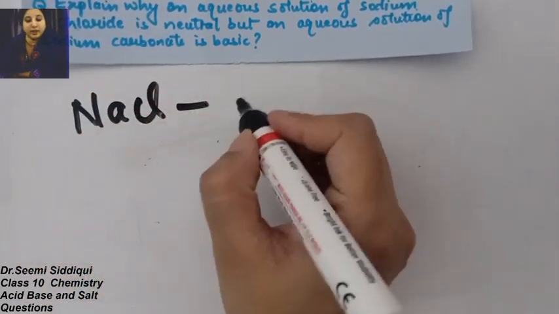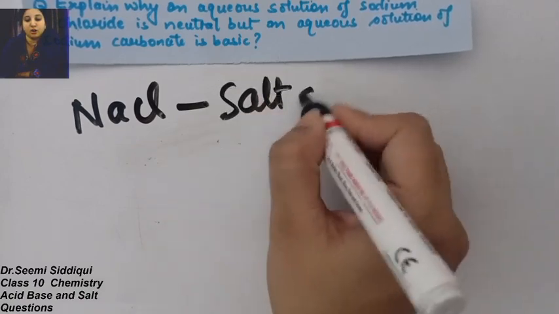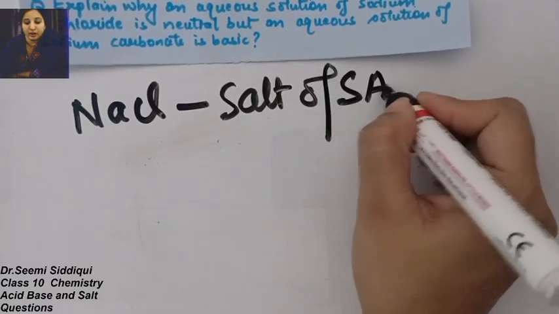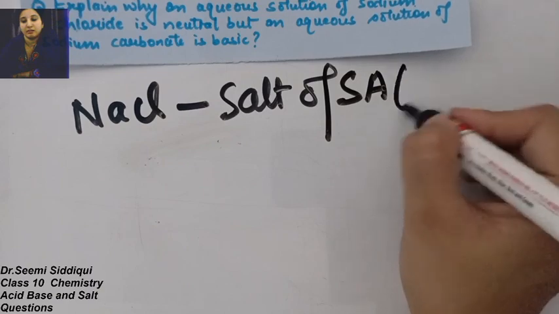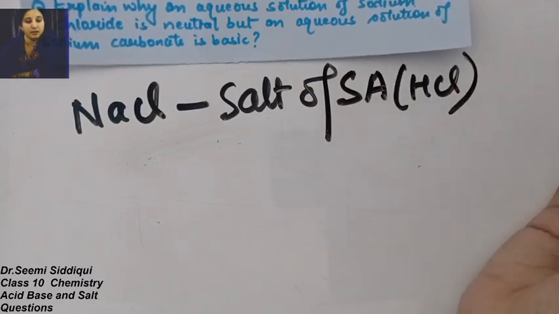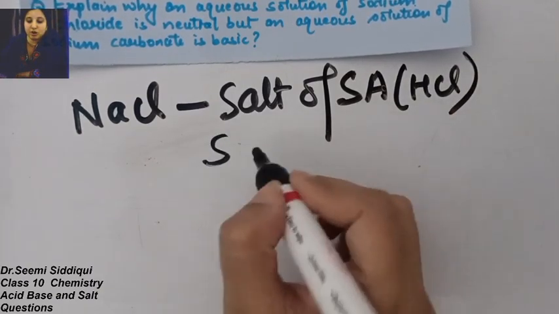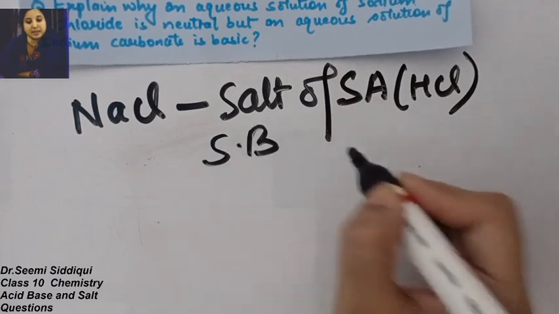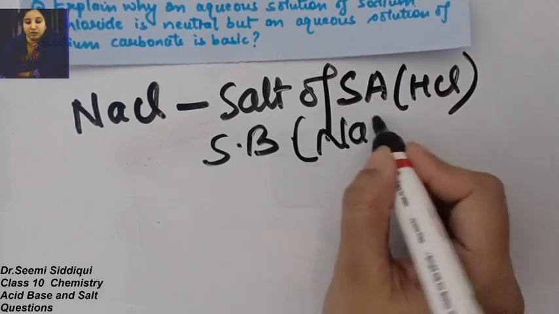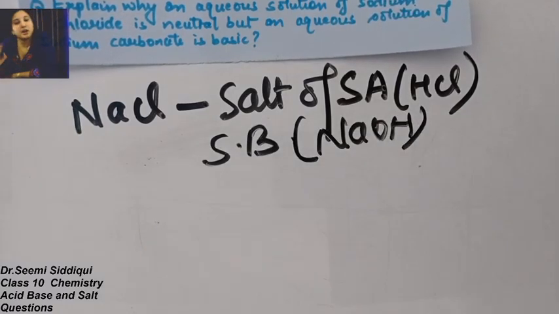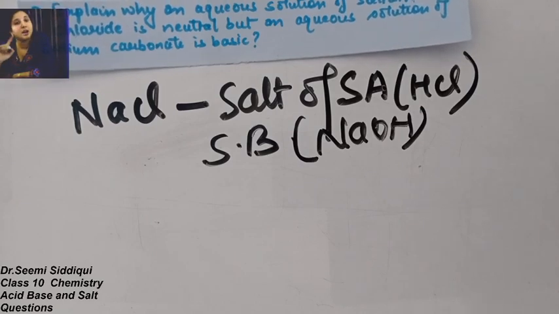NaCl is what? It is a salt of strong acid HCl and a strong base, that is your NaOH. Now when it is undergoing hydrolysis, what will happen? The exchange will take place.